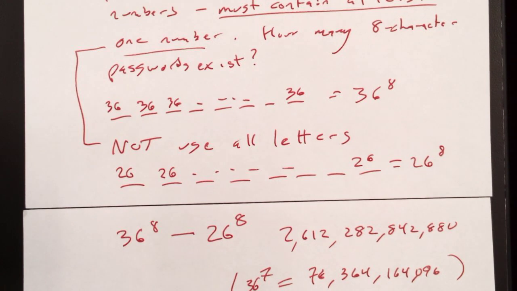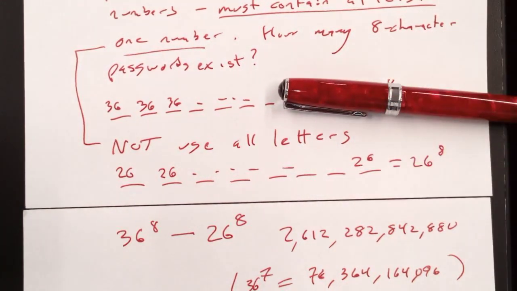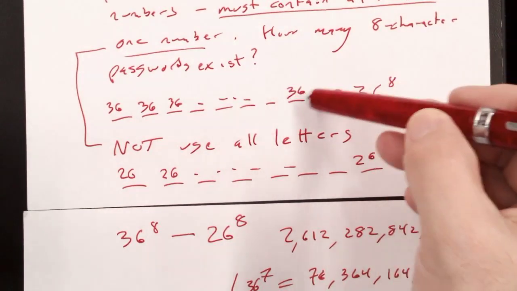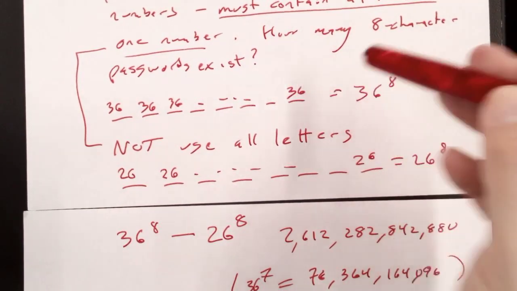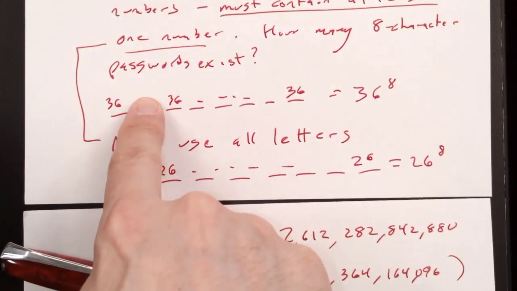All you've told me to do is take away 1 spot. But the problem is I don't know which spot. And I have to make sure that all of those 7 are not all letters. If this is a number, that's fine, but that would make this 10 options, right? I couldn't just take it away. And then what if I chose this one to be the number?